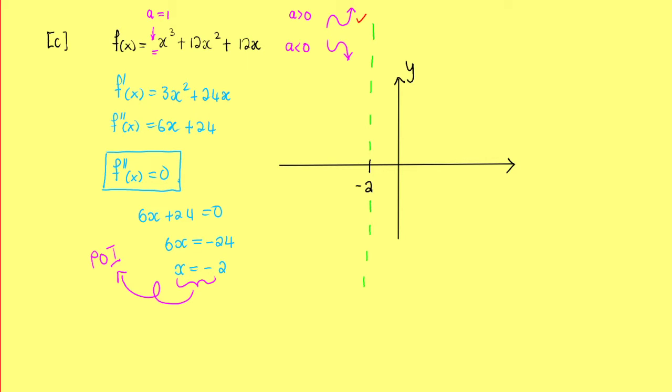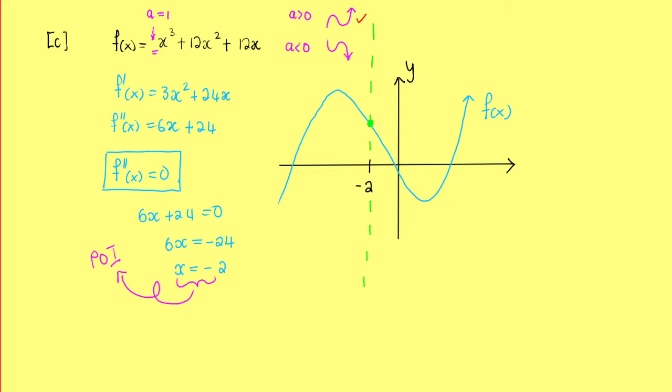From here onwards, we can actually draw our cubic function. This is a rough sketch of our f of x with the turning point being at -2.